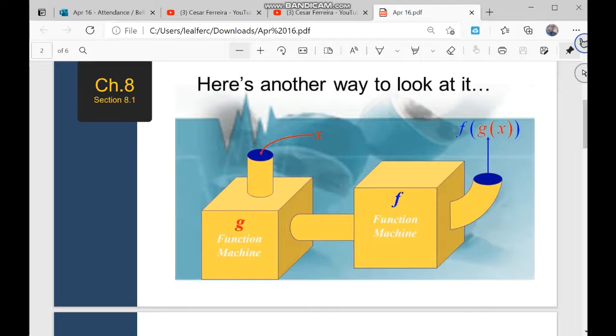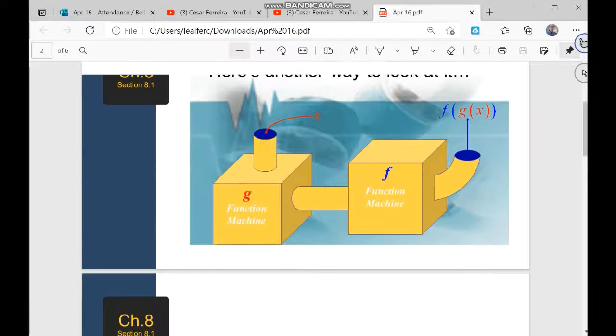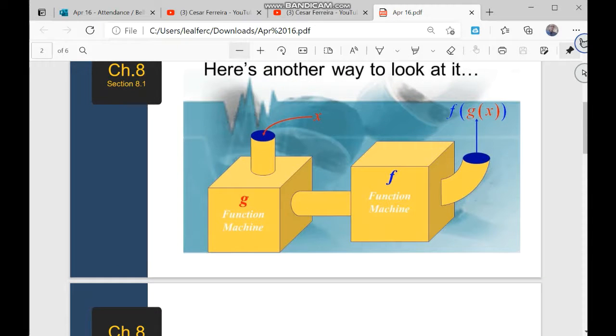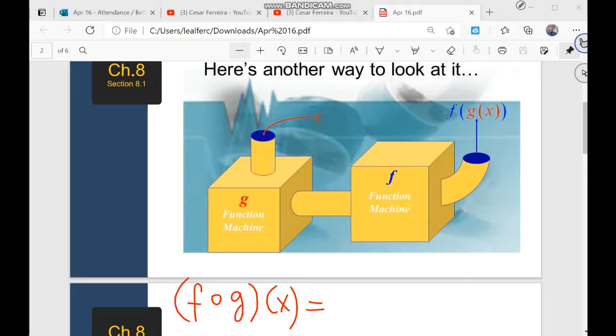If you have, and let me write down here, f composed with g of x, then you're going to have f of g of x. It works like this illustration. You're going to plug in x first into g, the function g.